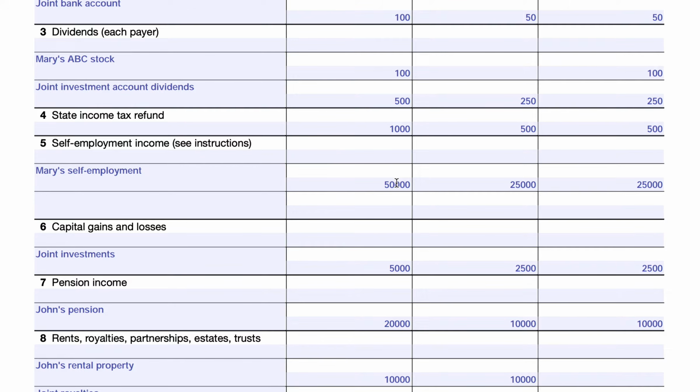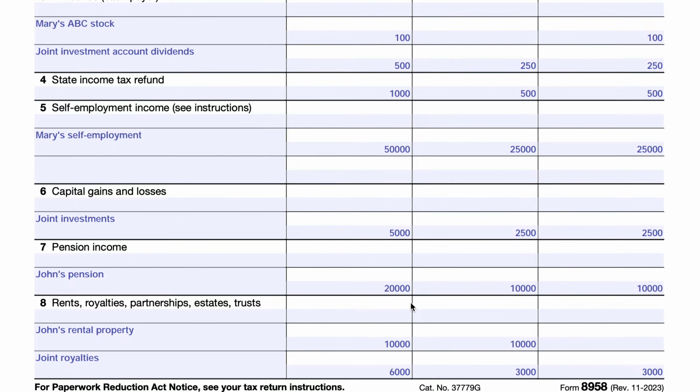However, you're going to calculate your self-employment income either on Schedule C or Schedule F for farming. Capital gains and losses would be reported to you on IRS Form 1099-B. Pension income generally would be reported on 1099-R. And then we just put a bunch of stuff into line 8.